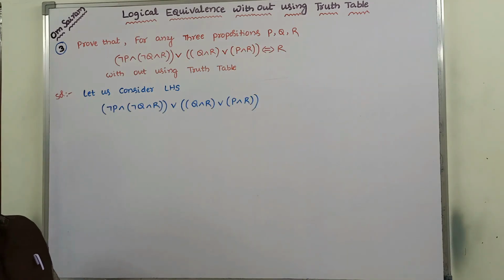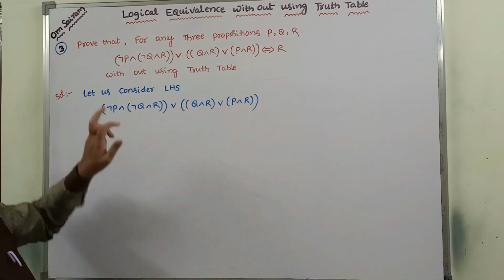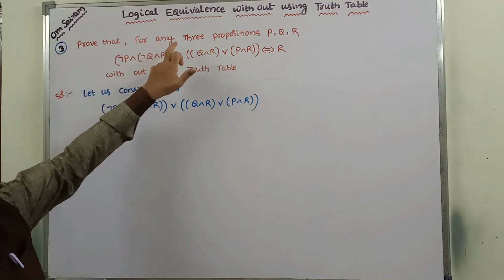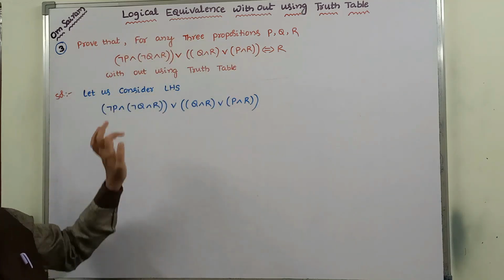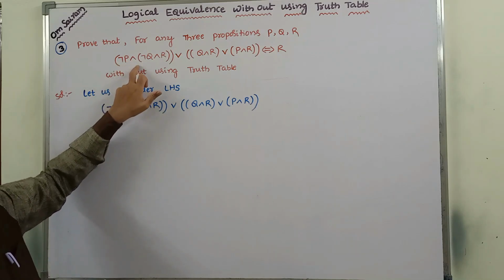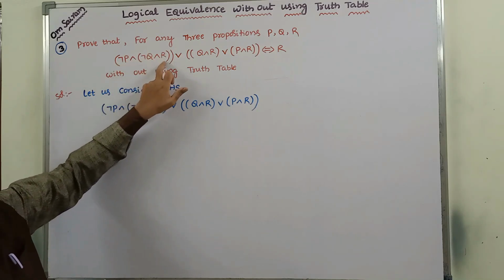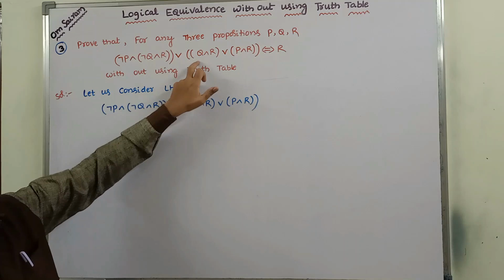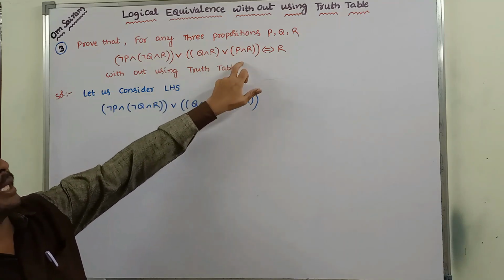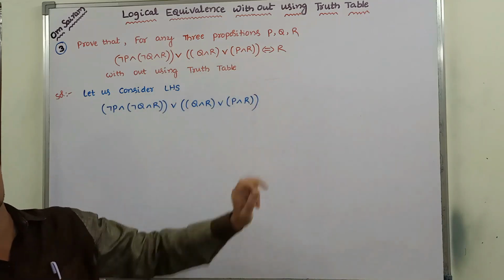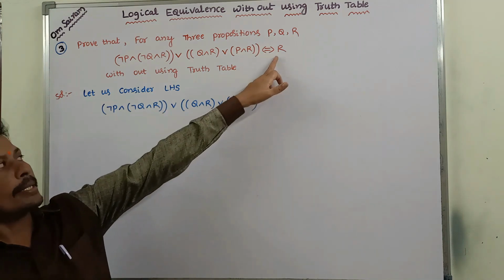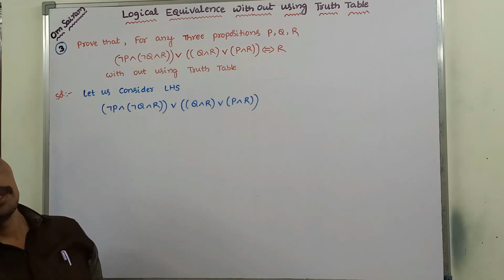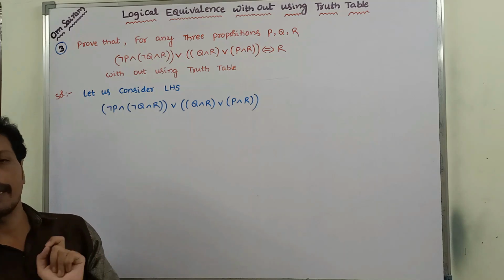Now we can go for the third example. Prove that for any three propositions P, Q, R, negation P and negation Q and R, or Q and R, or P and R is logically equivalent to capital R. So on the right hand side only capital R is there.